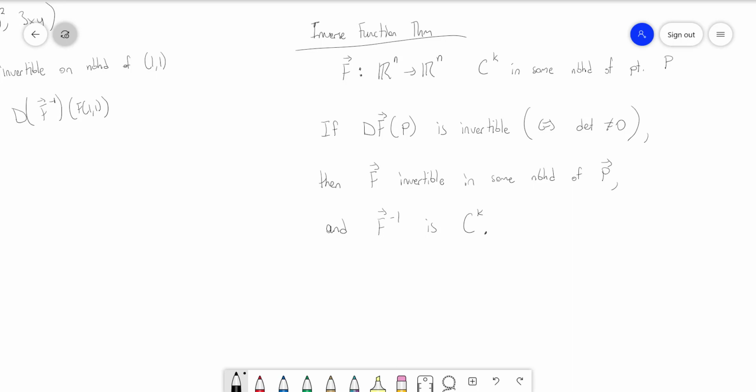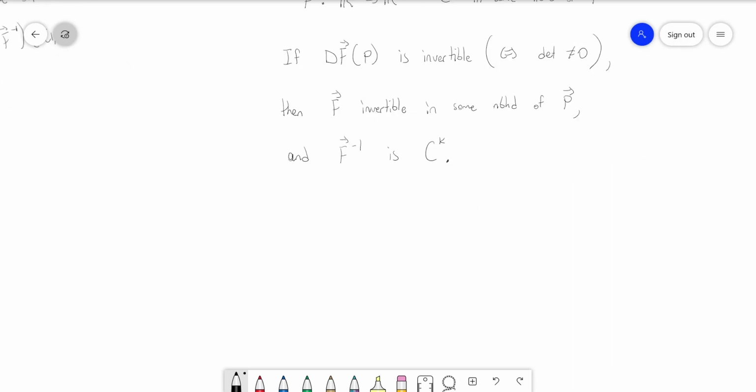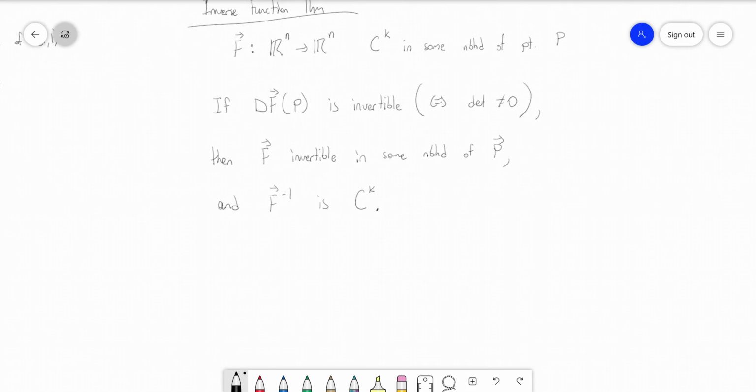Finally, to get the derivative of the inverse, we can use the chain rule. We know that the inverse composed with the original f, f inverse and f should just cancel, leaving you with just x.